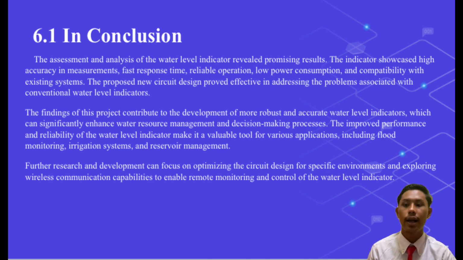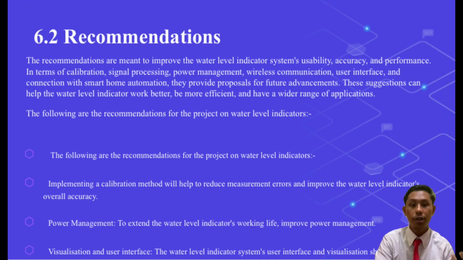Further research and development can focus on optimizing the circuit design for specific environments and exploring wireless communication capabilities to enable remote monitoring and control of the water level indicator. The recommendations are meant to improve the water level indicator system's usability, accuracy, and performance.